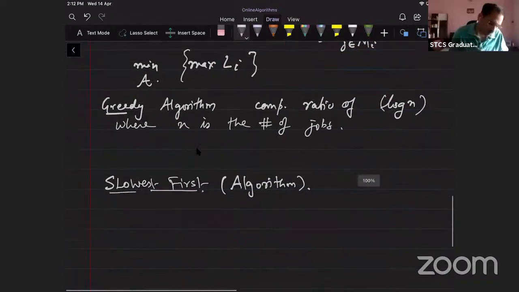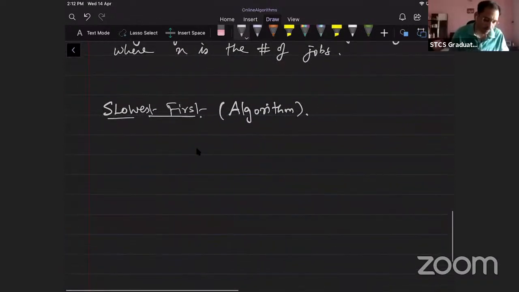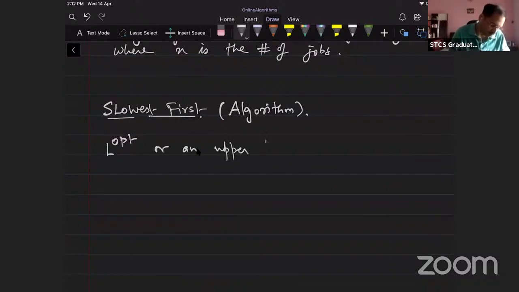So throughout these lectures on load balancing, we'll assume a certain conceptual thing, and then we'll relax it later. We'll assume that either we know the optimal minimum load achieved by the OPT, or an upper bound delta on LOPT.